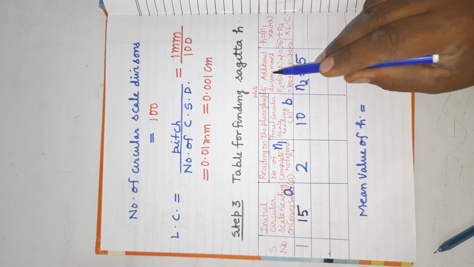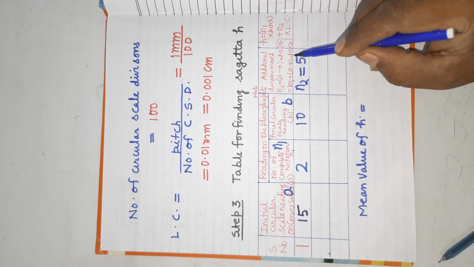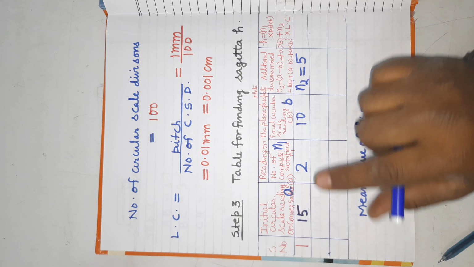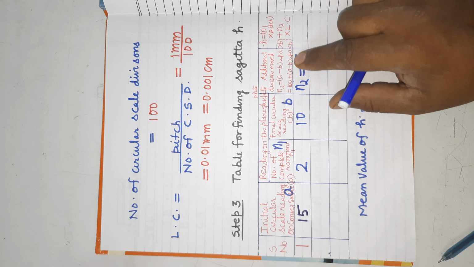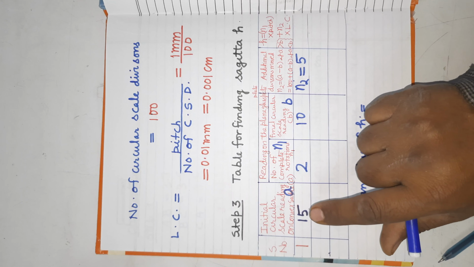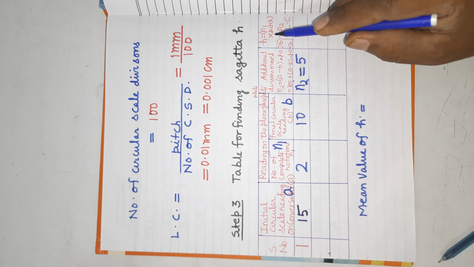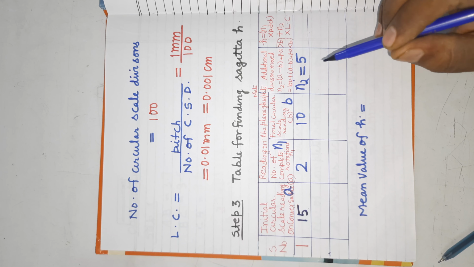But here it is given additional divisions moved N2 equals 100 plus A minus B, if A is smaller. Suppose A is 15 and B is 50, then how will you calculate? By that formula you will calculate 100 plus 15 minus 50, so N2 is 65. Now what is h? h is N1 into pitch plus N2 into least count.